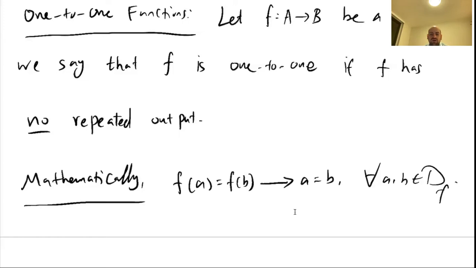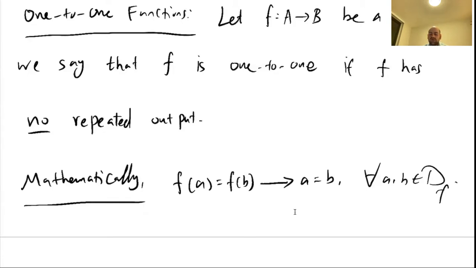If you want to have a one-to-one function, under which circumstances are you allowed to have two equal outputs? Only if their corresponding inputs are also equal. Because if the inputs are not equal but the outputs are equal, that means you have a repeated output.